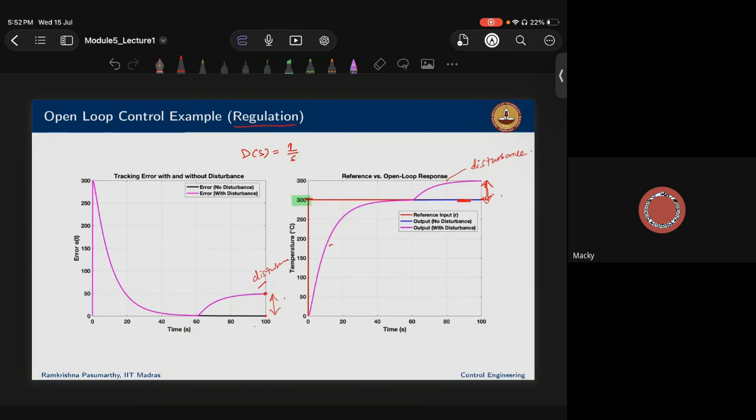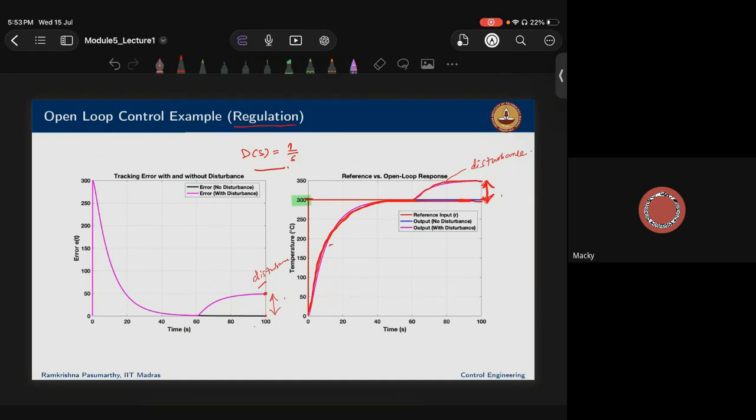Without disturbance, our system goes like this and follows like this. When we introduce the disturbance, our system started like this and took a deviated value. So we have an error of this much at the final stage.